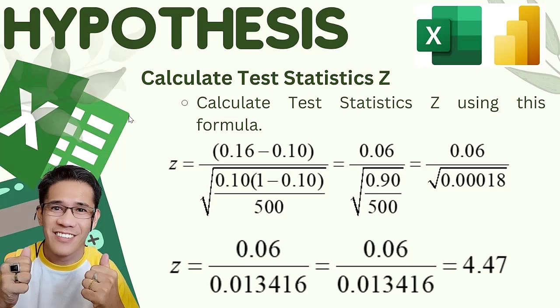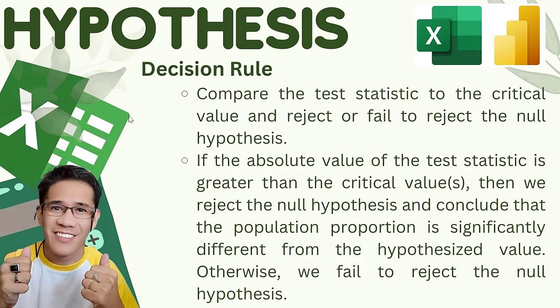So you need to go back to the formula and just transfer the values that we found out, that are given in our example. Okay, so the test statistic Z is at 4.47.